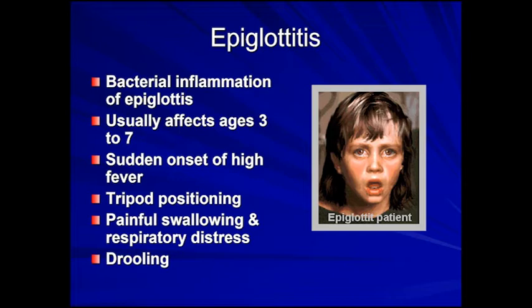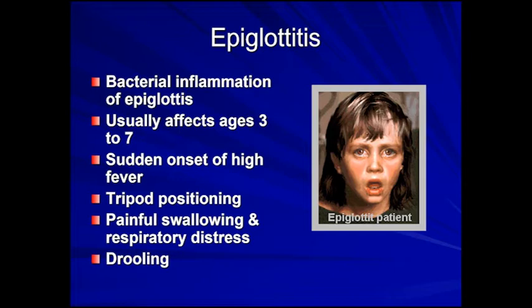Sometimes we'll hear about kind of a painful swallowing and respiratory distress. Again, these are the types of things that we might hear from the parent when the parent's able to say something along the lines of, yeah, the little guy was complaining or acting like there was excessive pain or additional pain as they were trying to eat or swallow some of the secretions and so forth, which kind of leads us to the next point with epiglottitis, which is the drooling.